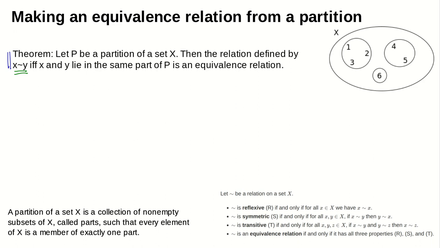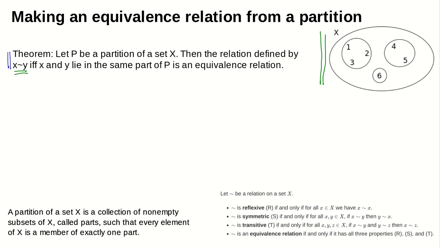So before we prove that this relation really is, in general, an equivalence relation, let's just try and understand it in the example which I showed you of a set partition from the previous slide. So here it is in the top right of the screen again. There's my set partition. Let's now explore what the relation defined as in this theorem would look like.